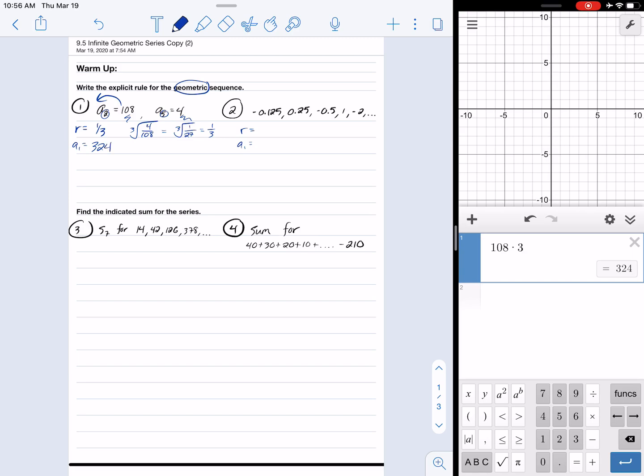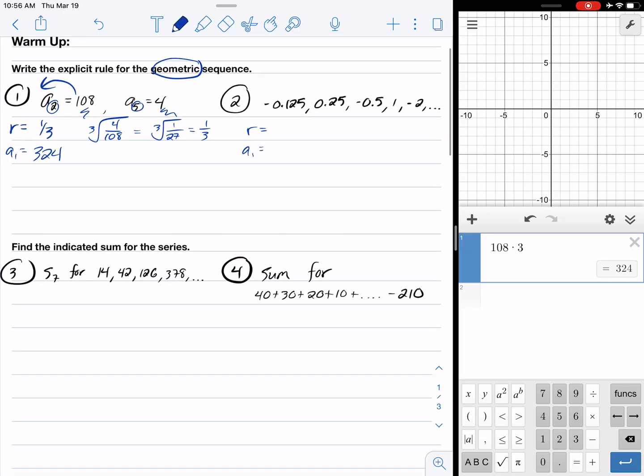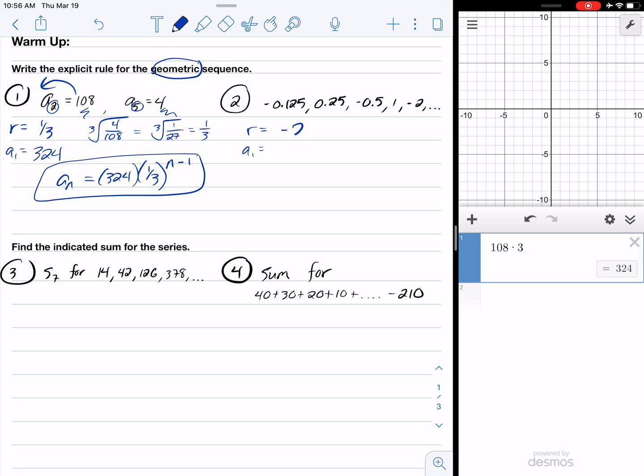So then our explicit rule would be a sub n equals 324 times 1/3 to the power of n minus 1. If you wanted to use term 0, just multiply by 3 2 times, and that would be 1/3 to the power of n.